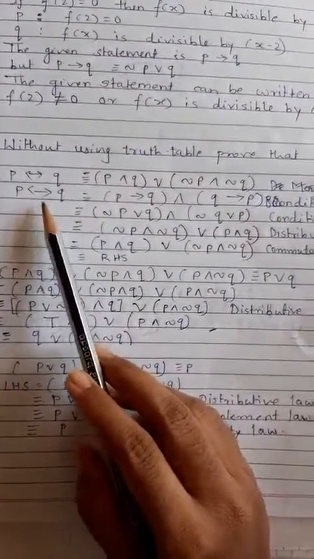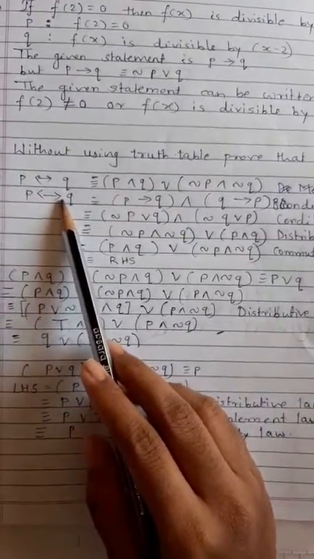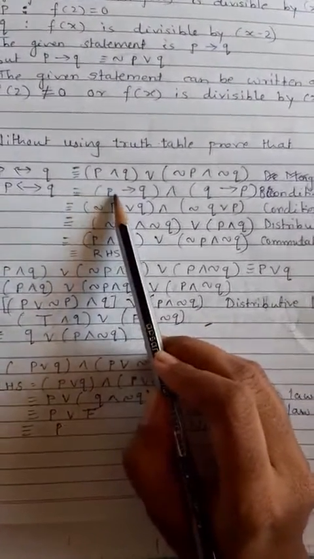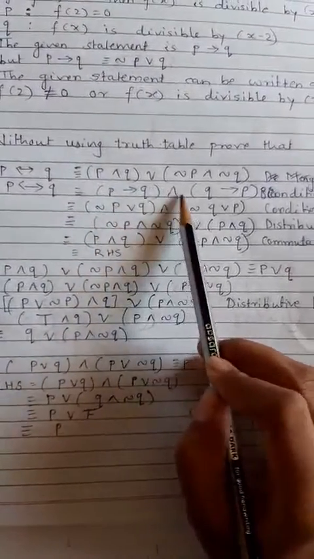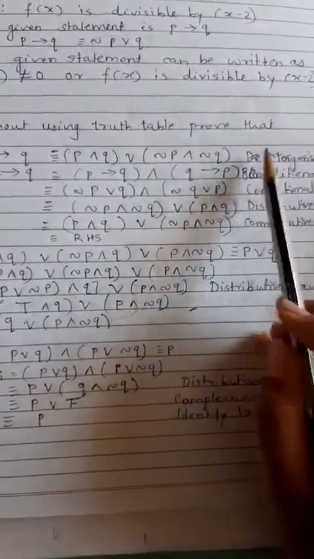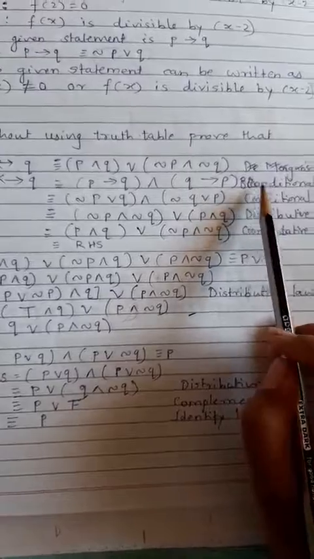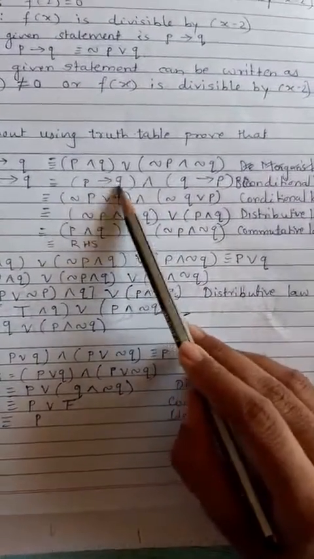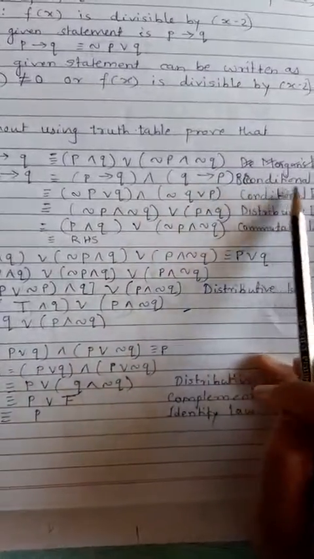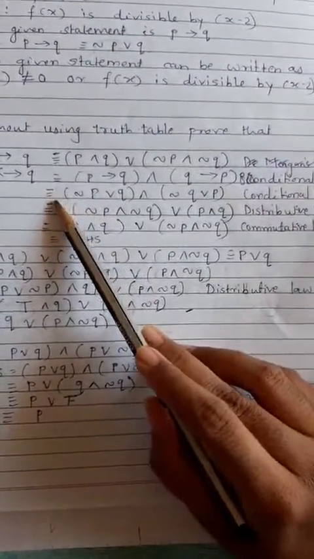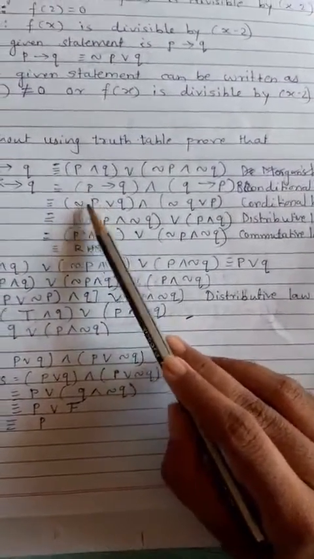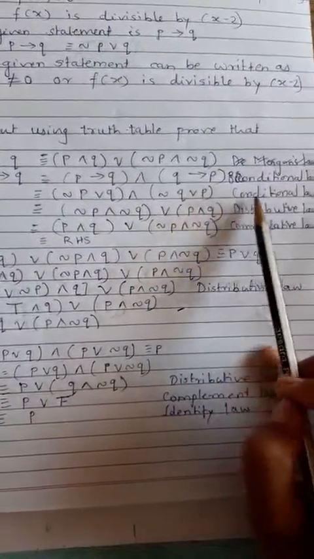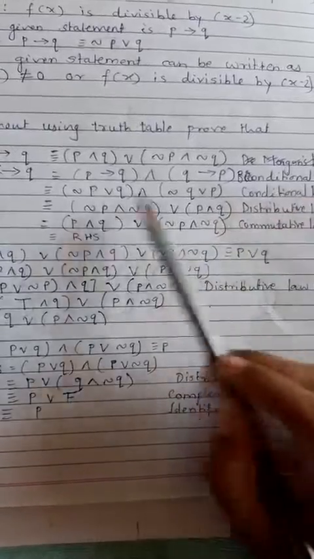Let us take LHS, P double implication Q. This is equivalent to P implies Q and Q implies P. We are using the biconditional law from that table. This is equivalent to negation P or Q and negation Q or P. Here we are using conditional law.